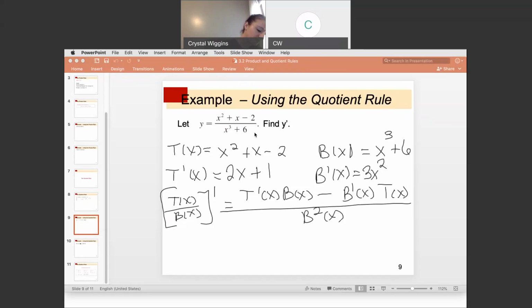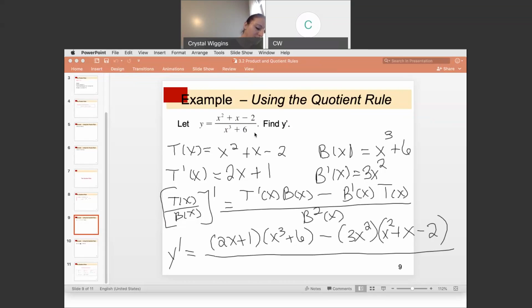So I am going to take the derivative of y by doing the derivative of the top first, which is 2x plus 1, times the original bottom, x cubed plus 6, minus the derivative of the bottom, 3x squared, times the original top, x squared plus x minus 2, all over the original bottom squared.